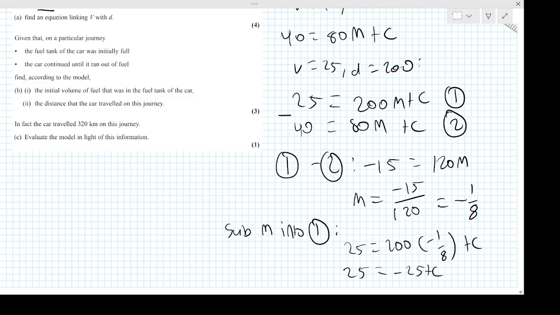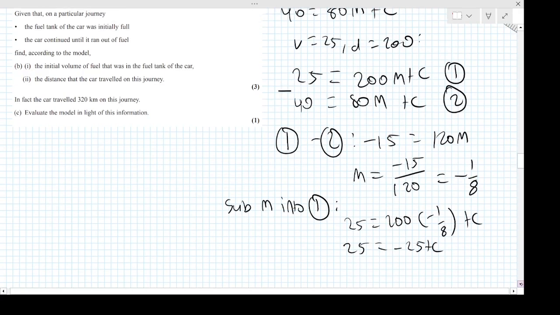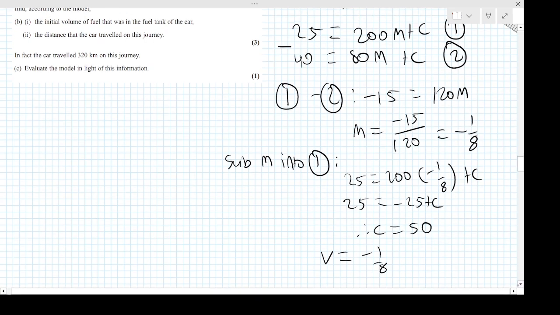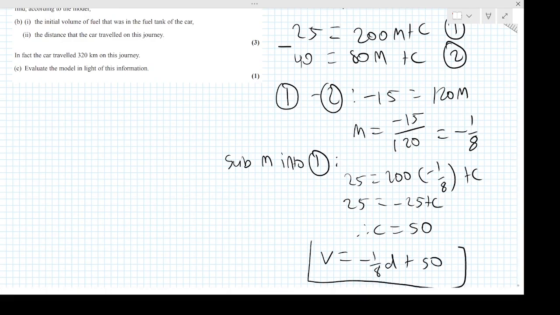Therefore, if I add 25 to both sides, I get that c is 50. Okay. Therefore, my equation now is V is m d, that m is minus an eighth d, plus c is plus 50. There we are. Cool. Now that's an equation we've got there.